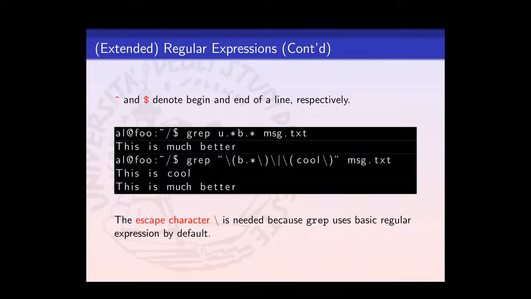So here I'm saying I want to extract either a line containing a B followed by something, or the word cool. You don't know the content of this file, but if you look into the slides, there is the full way to build the file message.txt, which returns exactly this result.